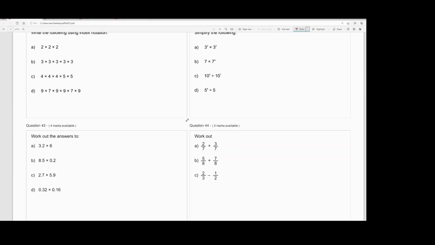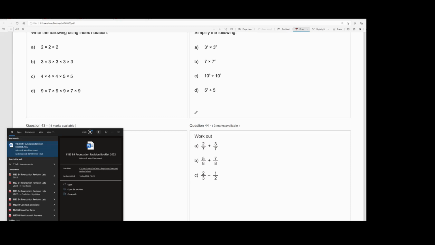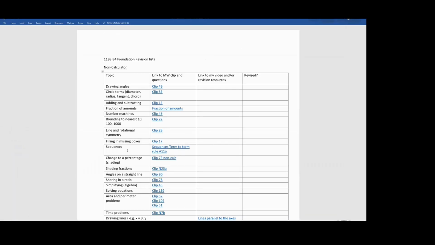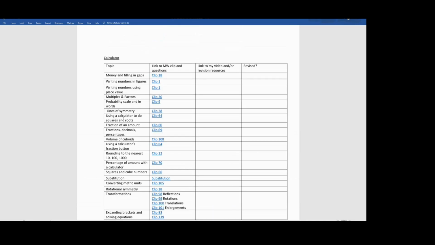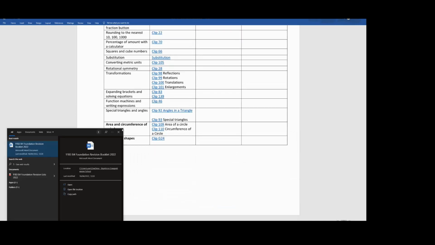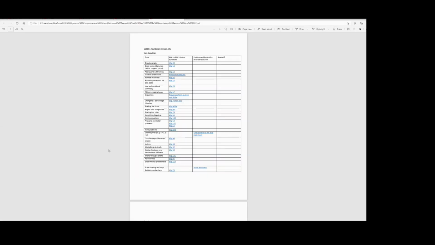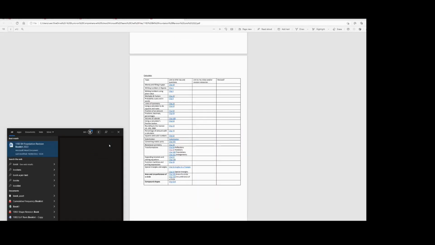And then after these ones, let me just quickly get what I put on Teams for you. Here we go. I've put this on the team for you here. If you go on to the team, you should be able to find this document. I've made it into a full thing.